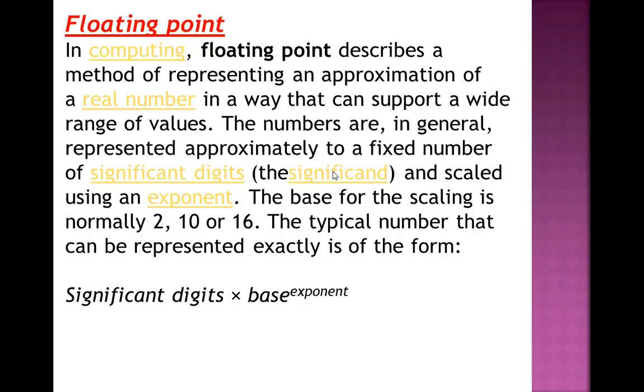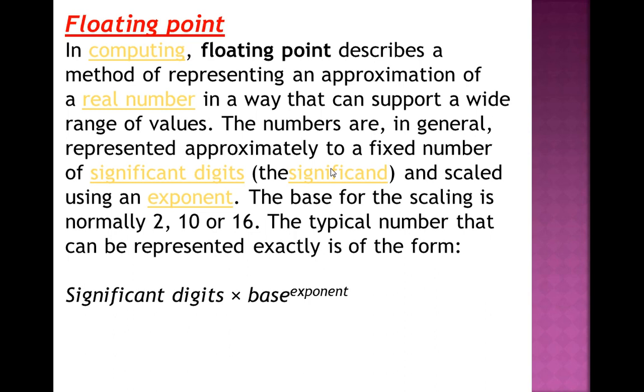Floating point. First of all, what is a floating point? In computing, floating point describes a method of representing an approximation. Approximation means a rounded figure of a real number in a way that it can support a wide range of values.